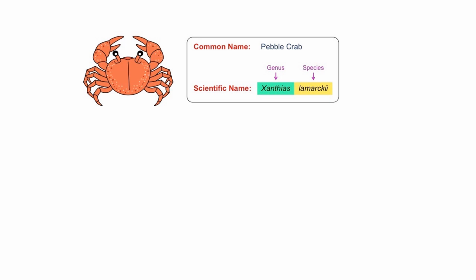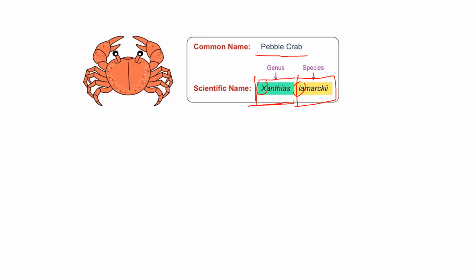The basic thing of binomial nomenclature is that when the scientific name is written, it is either italicized or underlined separately. As we can see here, the name of this pebble crab is Xanthias lamarcki. Xanthias is the genus name and lamarcki is the species name. As I've already said, the generic name must begin with a capital letter and the species name with a small letter.